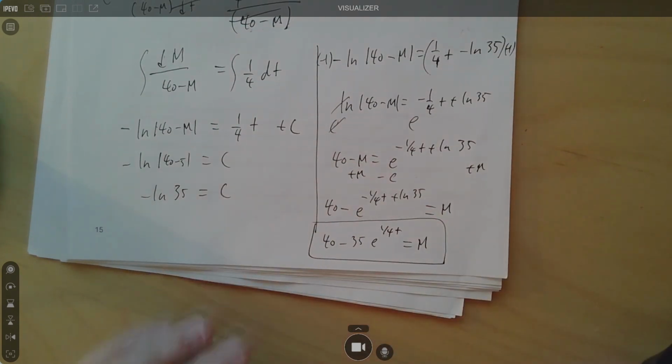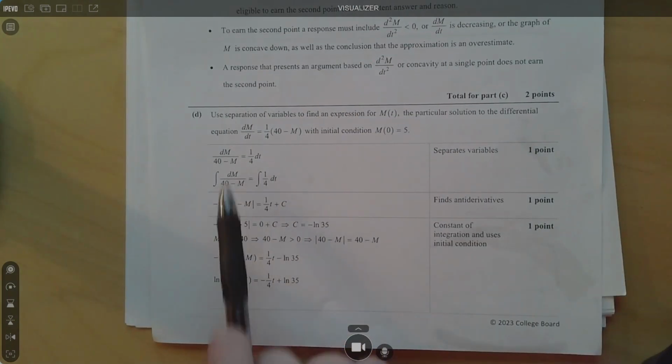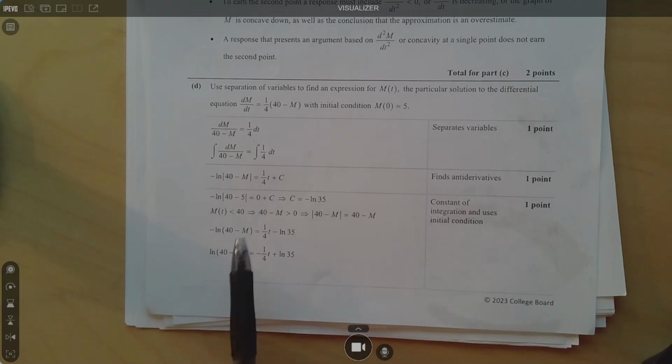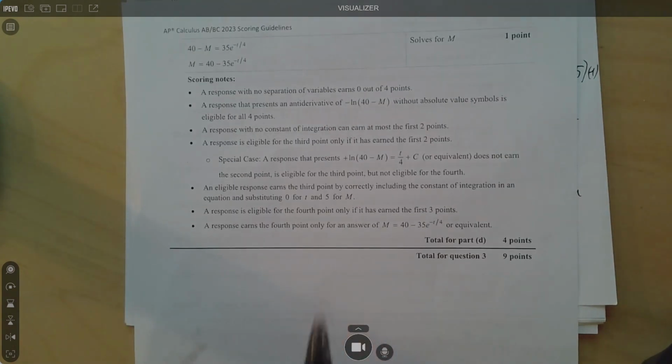Okay, let's look at the scoring guidelines. So that's separation of variables with the antiderivative, solving for c, plugging it back in, and then solving for m here. A response with no separation of variables gets you no points.